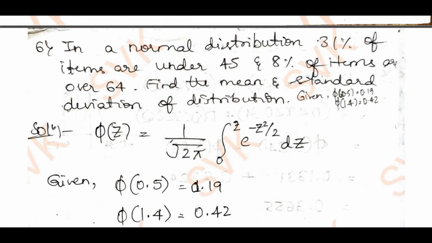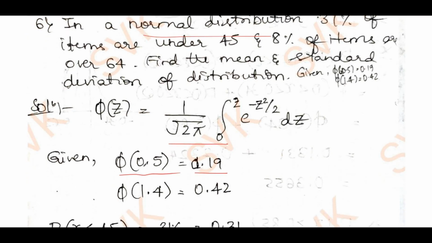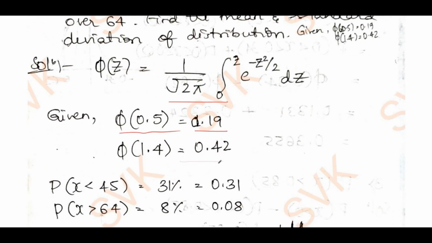So we can write phi of z as 1 over square root of 2 pi into integral 0 to z e power minus z square divided by 2 times dz. As we are solving by using the normal distribution, we can have the formula like this, and they have provided phi of 0.5 is 0.19 and phi of 1.4 is 0.42.